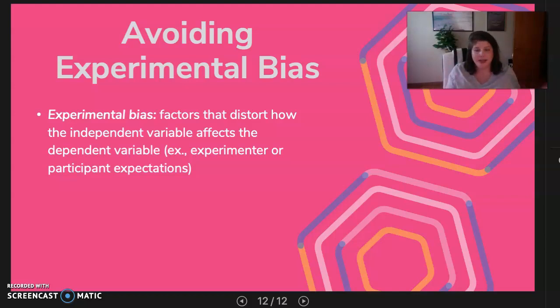That would be me affecting the environment. And we know that participants want to please the researcher. People naturally try to decipher whatever research they're participating in and guide their answers to what they think the experimenter wants.